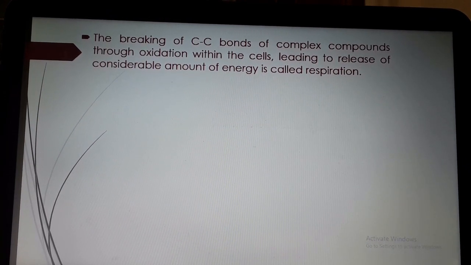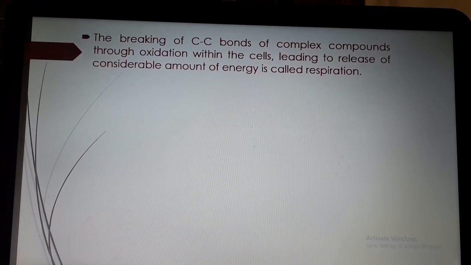So what is respiration? By definition, the breaking of CC, meaning carbon to carbon bonds, of complex compounds through oxidation within the cell, leading to the release of a considerable amount of energy, is called respiration.